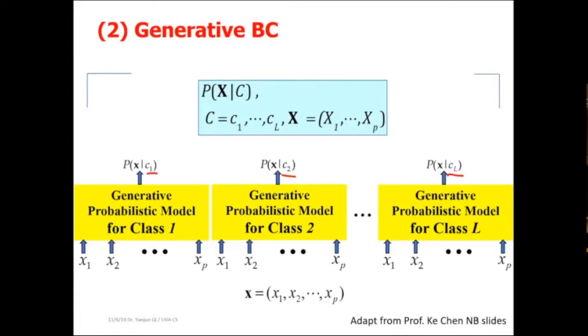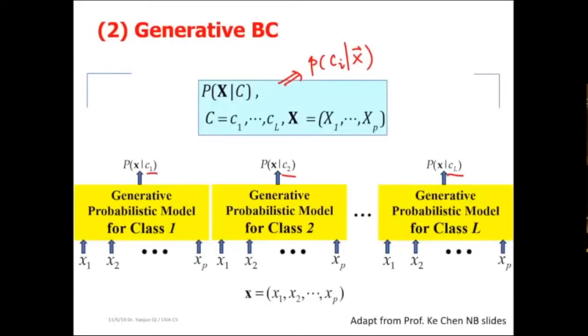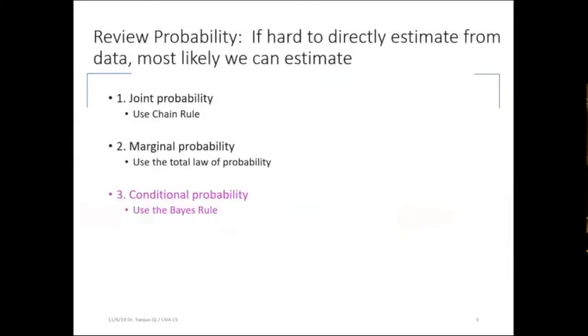But this is not P(C | x), right? To be able to use the MAP rule, what I need is P(Ci | x). You might still remember the whole assumption there: it's easier to directly estimate P(x | C), and then we use Bayes rule to derive P(C | x) from P(x | C).